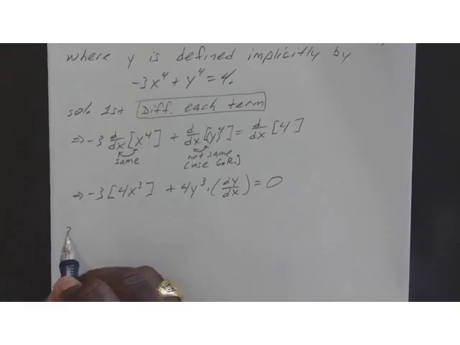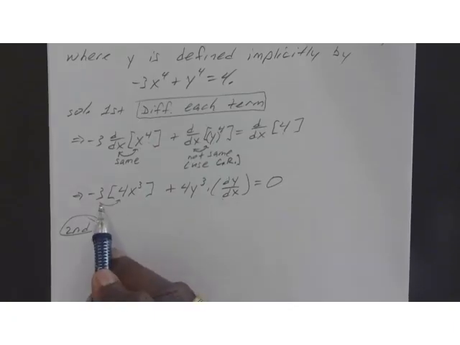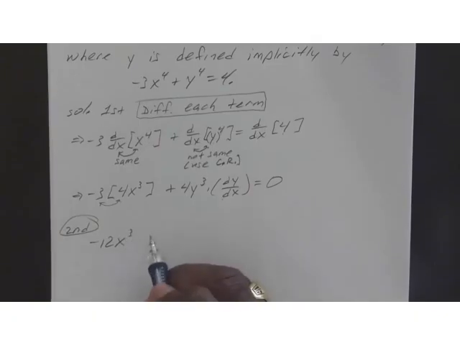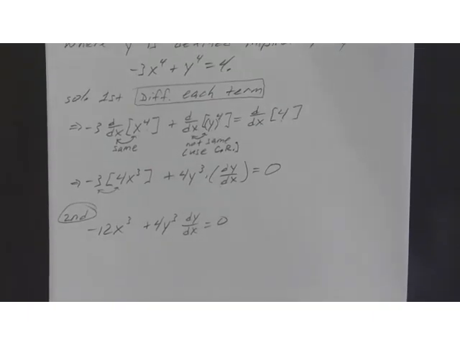Okay, so we go to our second step where we isolate our dy/dx terms. If we multiply those two, we get -12x to the third power plus 4y to the third power times dy/dx is equal to 0. Which means if we want to get this term by itself, we have to add 12x to the third power to both sides.